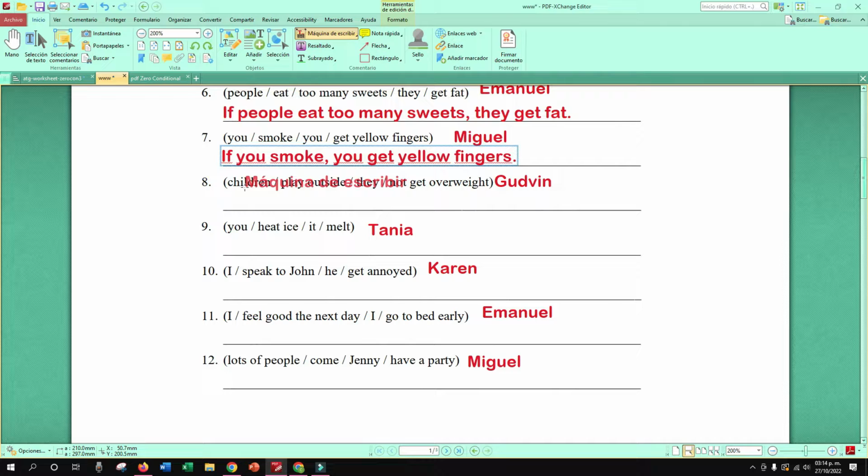So, if you smoke, comma, you get yellow fingers. Perfect. If children play outside, they don't get overweight. Okay, if children play outside, they don't, that is negative, right? They don't get overweight.